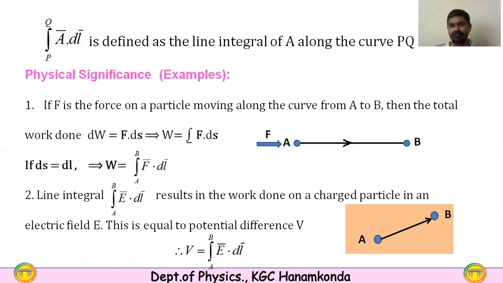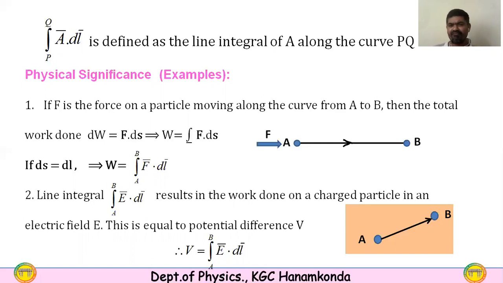Electric potential is defined in terms of work done on a unit positive test charge from infinite distance to a particular point in the field. Here I am speaking about the potential difference. Potential difference is defined as the work done on a charged particle to move from one point to another point in an electric field.